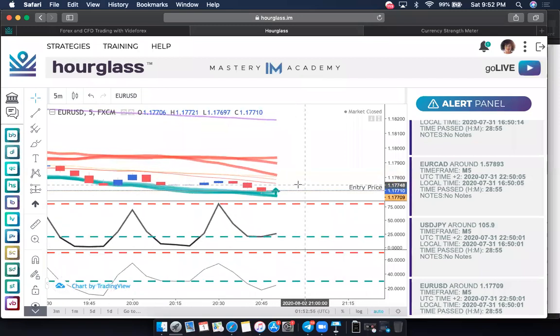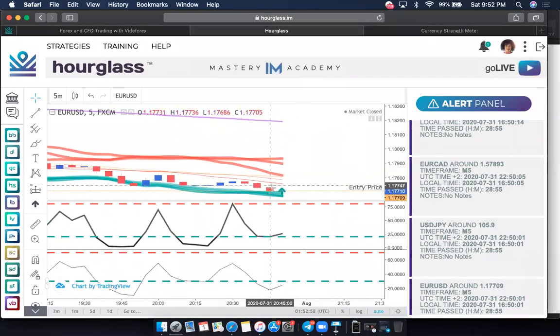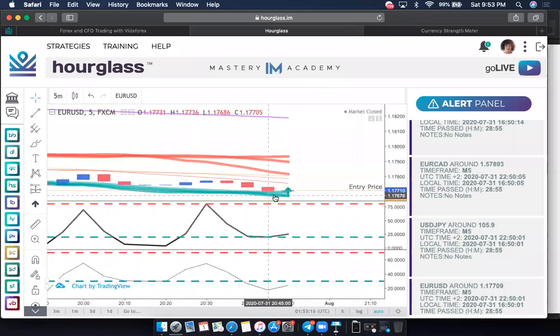Right. So when you're trading, you want to anticipate the next candle because you want to get your entries very fast. This is why I wanted to do this call now while the market is closed. Then tomorrow we'll look at these same setups when the market is open, and we'll show you how we wait for the next arrow to open up.